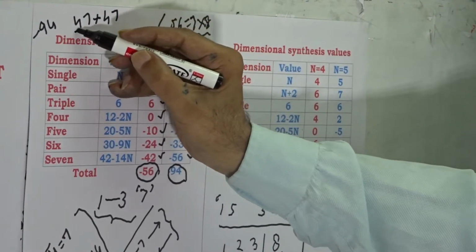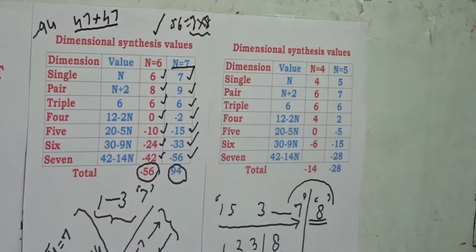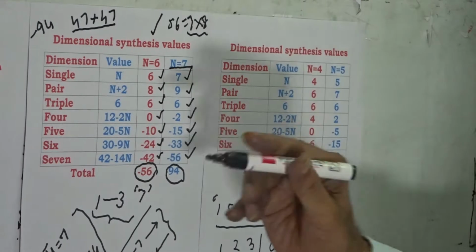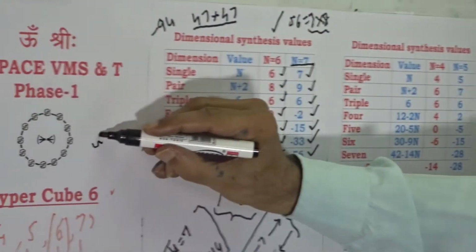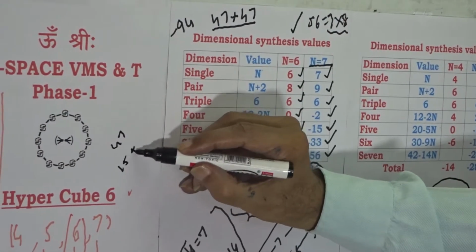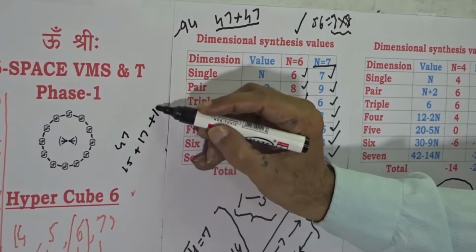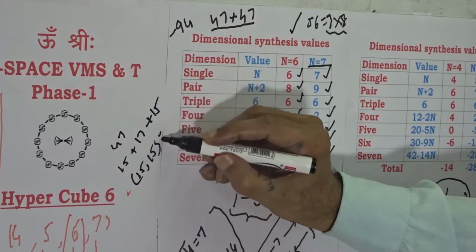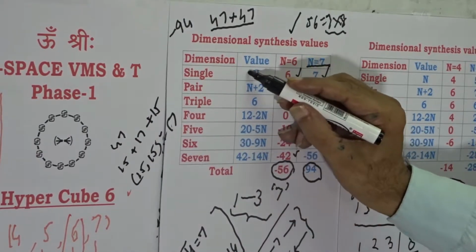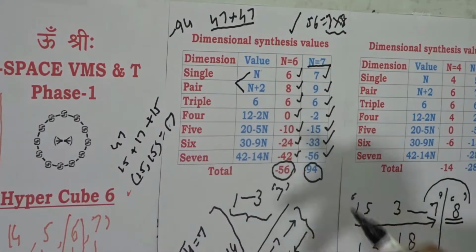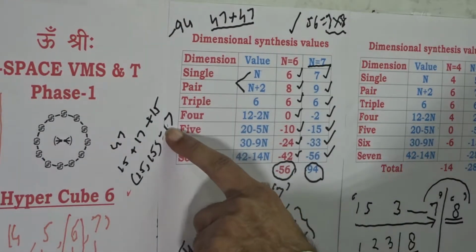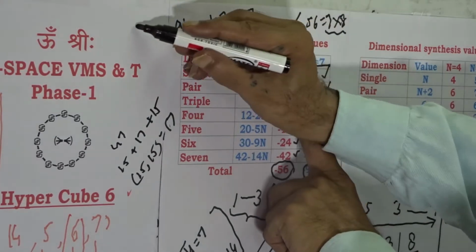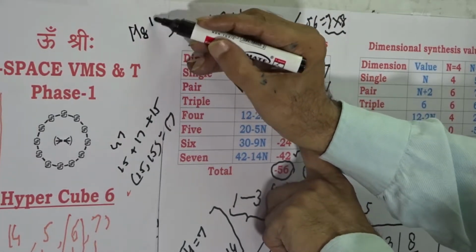It is this value which is of very big importance, and it is this importance which deserves to be appreciated, as 47 is equal to 15 plus 17 plus 15, and we know 15 and 15 will synthesize value 17. If n is equal to 15, it will synthesize the value 17, and 17 we know is equal to hypercube 8 is having 17 versions.